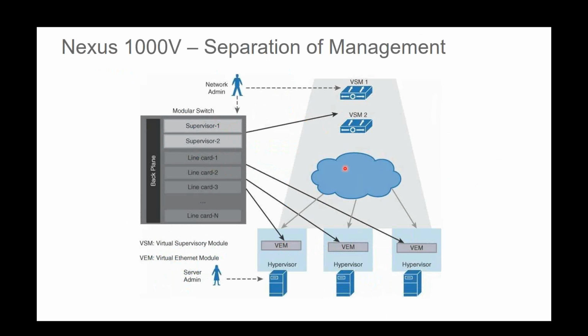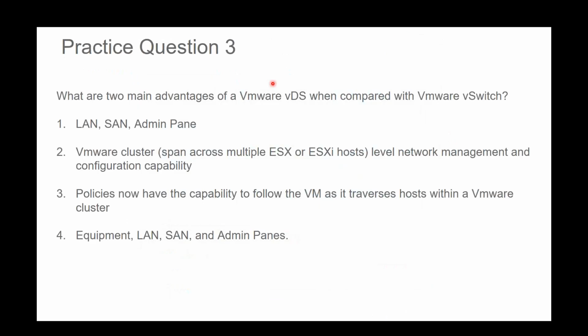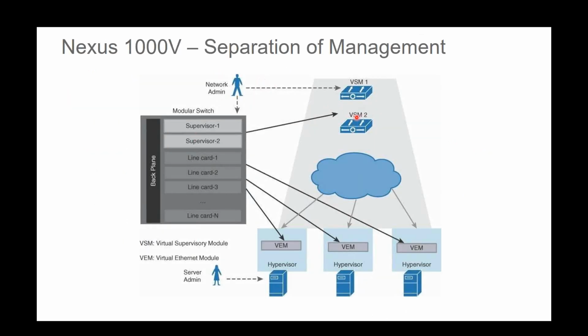And actually, if your network team is really picky, these VSMs do not have to run in your virtual environment. They can actually buy the Nexus 1010 or 1020V, which is just a one-rack-unit UCS C server that runs the virtual machines for these supervisor modules. So you can tell your network team that everything is theirs, you're not touching any of their equipment, and you can avoid all those fights.